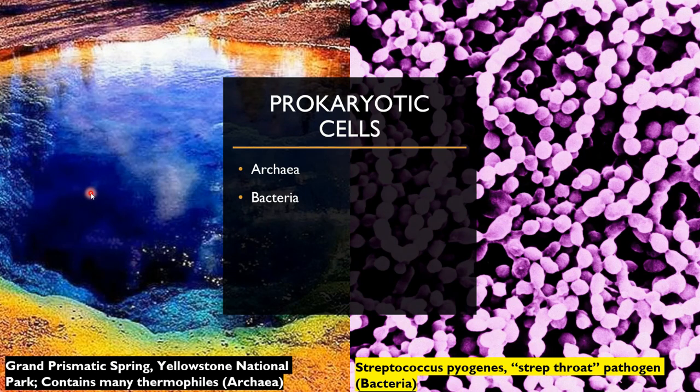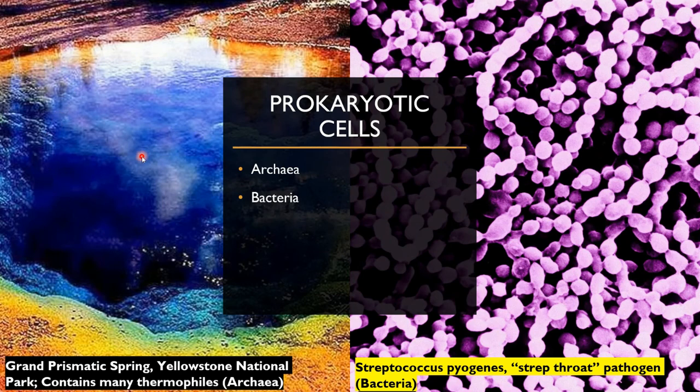So it's a hot spring, and it contains these things called thermophiles. If you look at the picture, you can see the multiple colors that arise from the way that these different bacteria react to the heat. Thermophiles just means that they love heat. These are forms of archaea. I like to think of the archaea domain as the older, primitive prokaryotic cells.